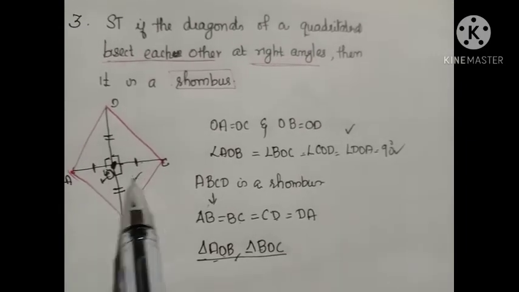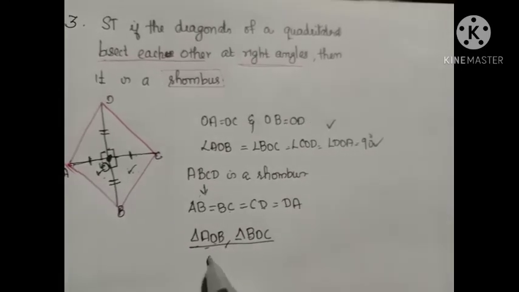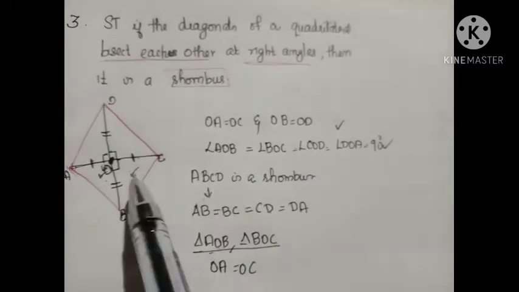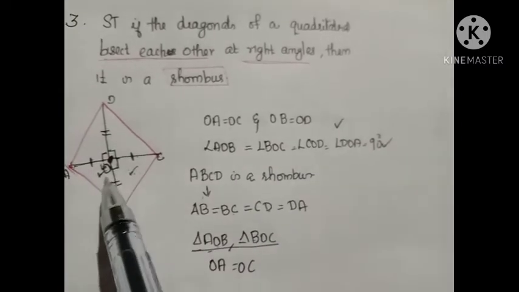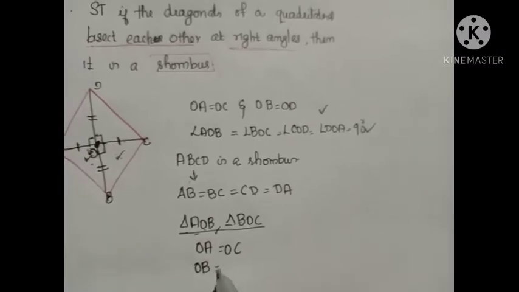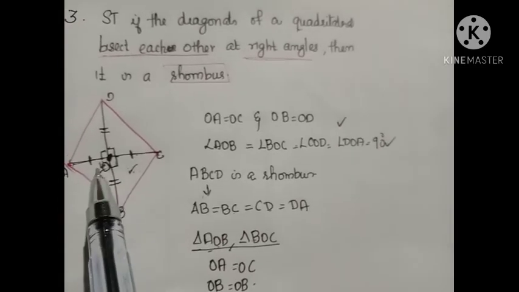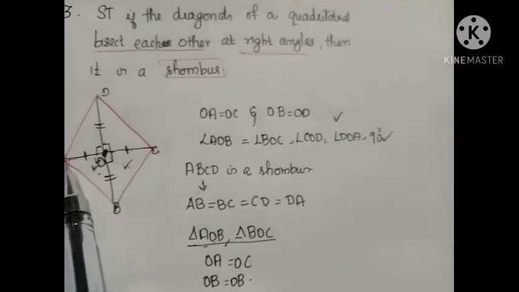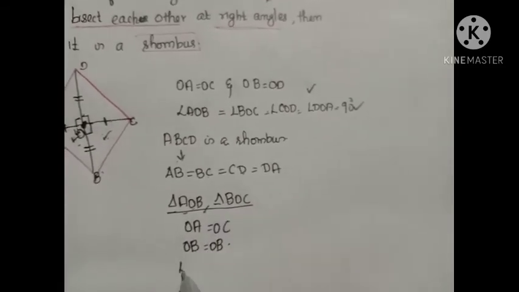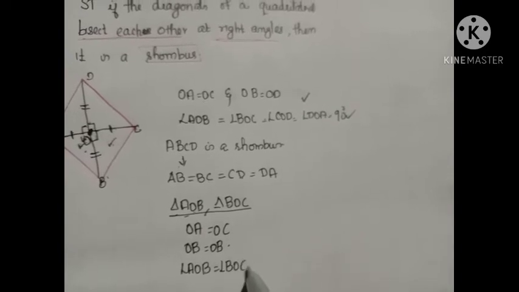Now in this triangle, OA side and OC side are equal. OA equal to OC, it is given. Now this side OB is common to both triangles. So OB equal to OB. Now what about these two angles, angle AOB and angle BOC? Yes, AOB and BOC both are equal to 90 degree.